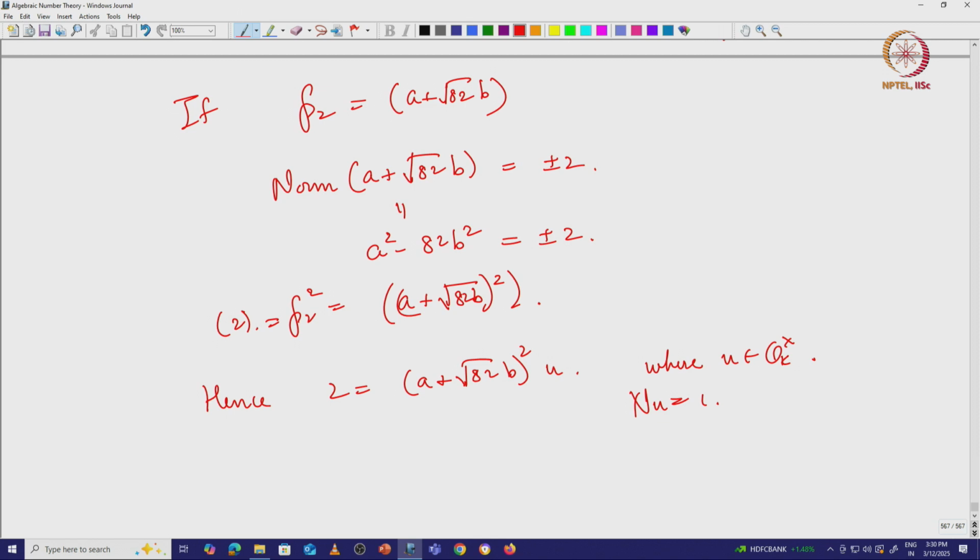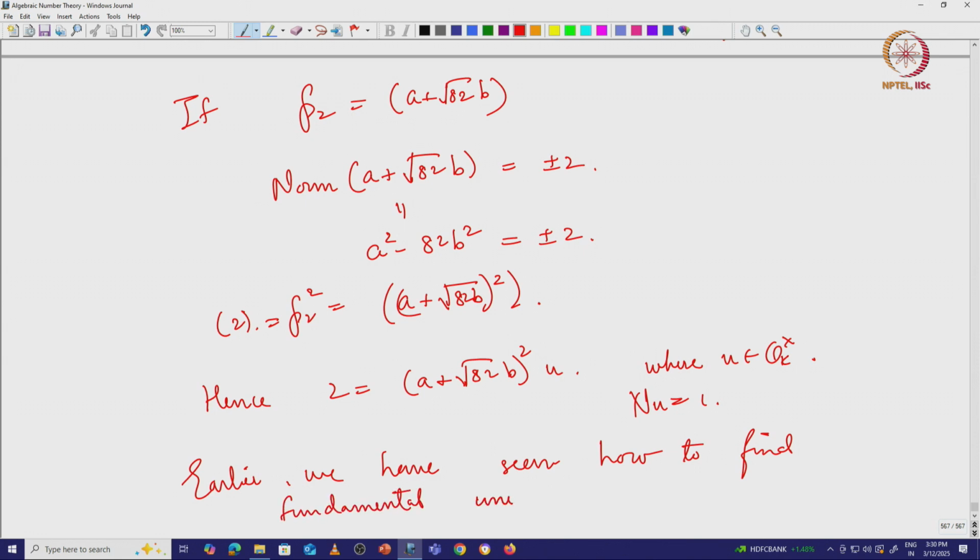I have told you how to find fundamental units. Earlier we have seen how to find fundamental units in a real quadratic field.